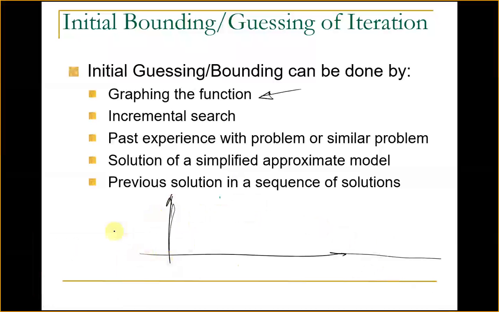So I'm going to go from 0. Let's say my answer is somewhere between 0 and 100. Okay, so I'm going to solve at 1 and 2. These are not guesses. I want it to be clear. There's no guessing here. What I'm doing is incrementally going through the whole thing. After incrementally going through, I find where it seems I'm closest to 0, and then using that value I start doing my iteration. Okay, that becomes my initial guess for my iterative procedure.